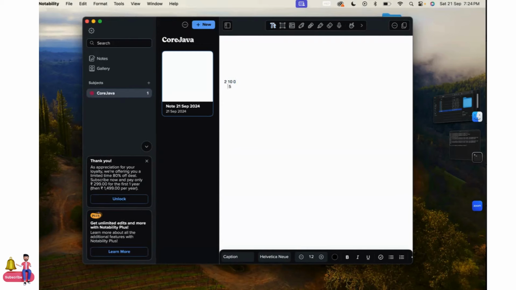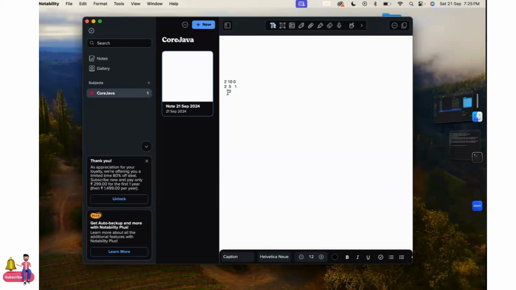Now again divide 5 by 2. 2 can divide 5 two times, which is 4, so 1 is pending in the remainder.